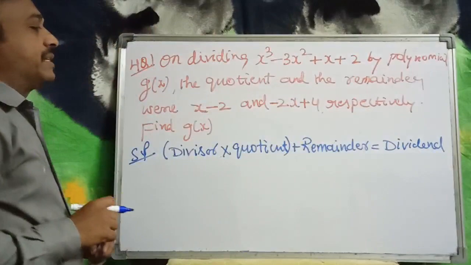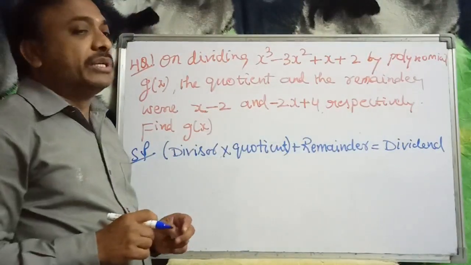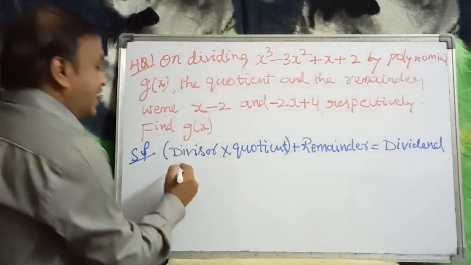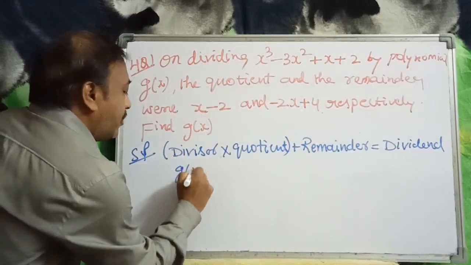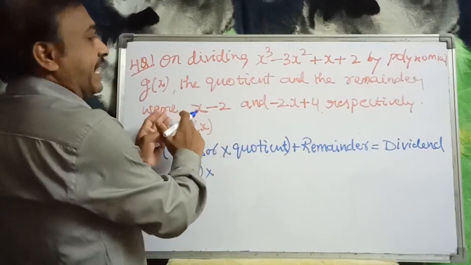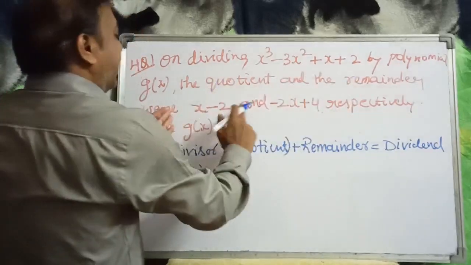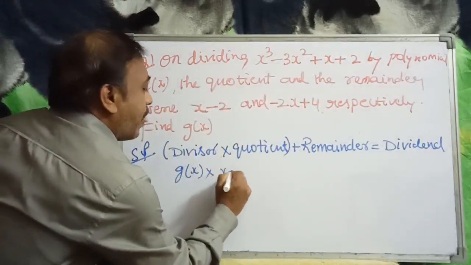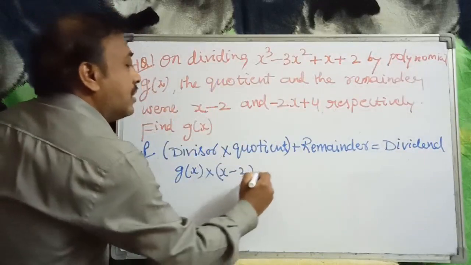Divisor into quotient plus remainder is equal to dividend. What is the divisor? That is g of x. So g of x into the quotient, and here the remainder. The quotient is x minus 2.